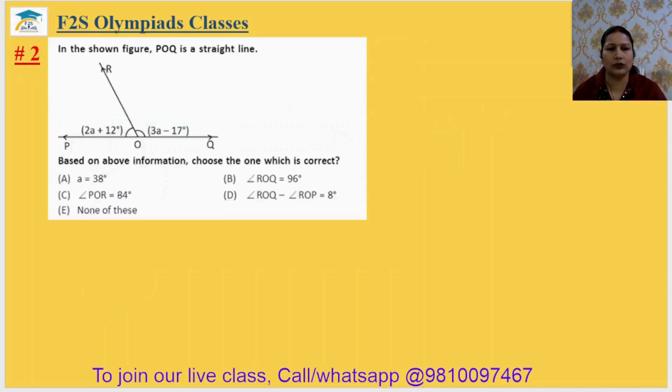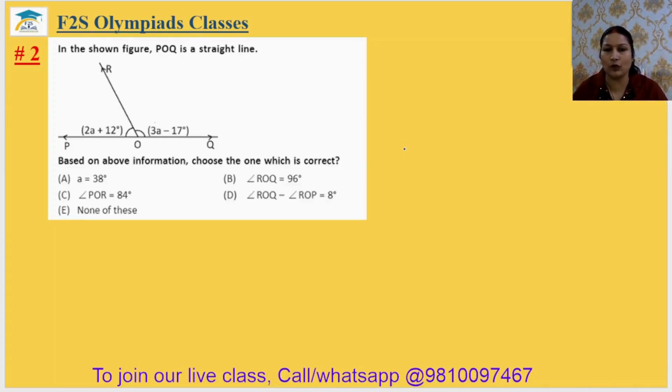Come to question number 2. In the shown figure, POQ is a straight line. Based on the above information, choose the one which is correct. So let's find the value of A first. This is the straight line, so these two angles make a linear pair. The sum of the linear pair will be 180 degree.